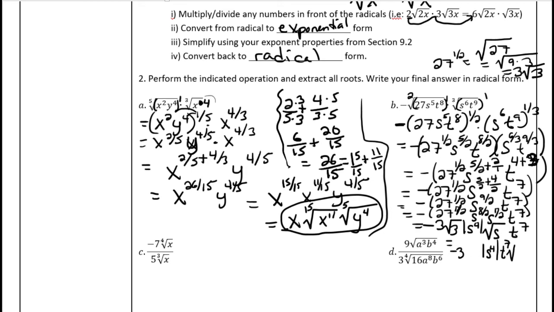I'm going to combine the square roots together. So -3 absolute value, s to the 4th, times t to the 7th, and I'm going to combine these square roots under one square root. Square root of 3s. All right, and that's it.